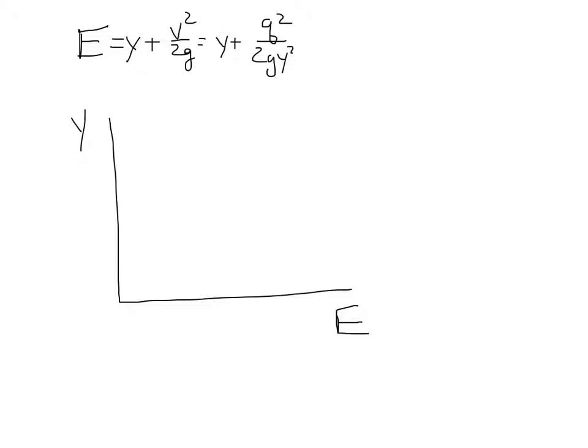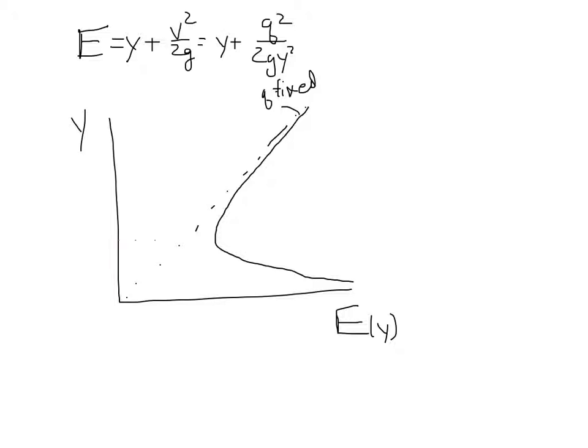And this is something that we've talked about in a series of lectures, but that's the main features that we need to point out today. So for a fixed Q, we have this curve that's shown in the solid black line representing E of Y, the specific energy as a function of depth.